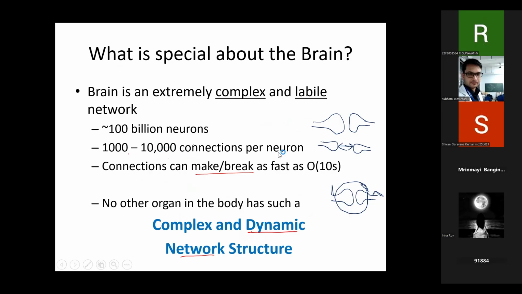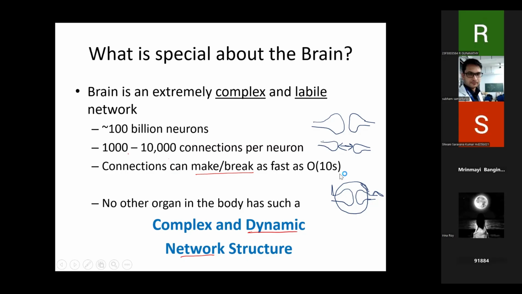And not only that, this network is not a fixed network, right? These connections can make and break very fast, even at time scales of tens of seconds. The gross anatomy of the brain changes very slowly over the years and decades. But microanatomy, if you look at the connection patterns at the microscopic level, they change at a much more rapid time scale.